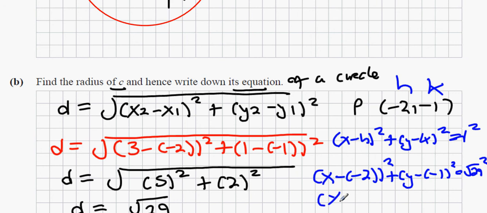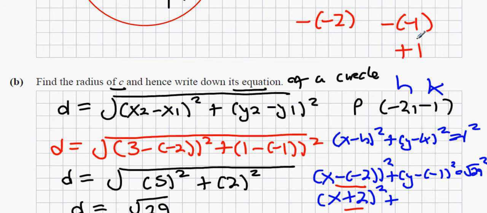You're going to get (x plus 2) squared plus, because two minuses make a plus. Just put -2 into your calculator like so, and it'll give you the answer as +2. In the same way, put -1 into your calculator, it'll give you +1 as the answer. So all you need to know is it's going to be (y plus 1) squared equals 29.